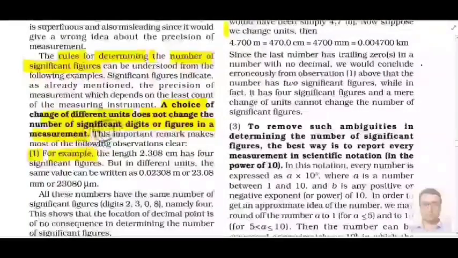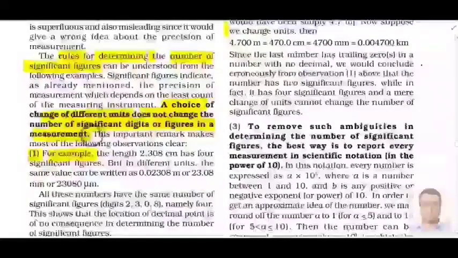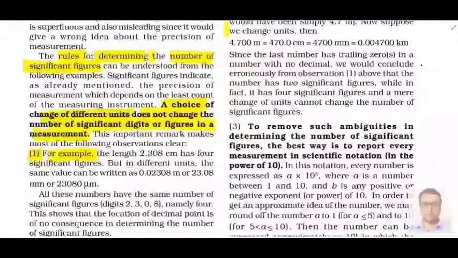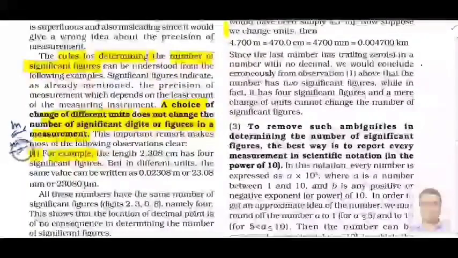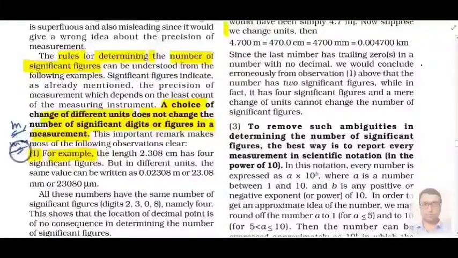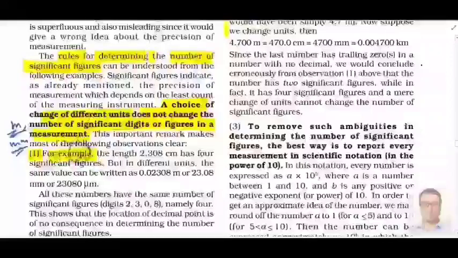Suppose we measure something in meter, and the same length in mm. In both units the numerical digits will be different, but the number of significant digits in both answers should be the same.